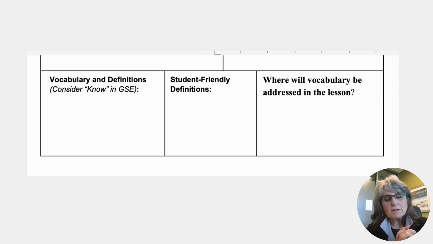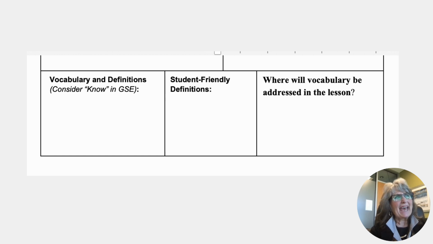Vocabulary and definitions, that's our next stop, and you'll see that there are three different stops here, and I wanted to make sure that you understand that this does not mean this is your reading instruction. This is the vocabulary and definitions for this lesson that your students need to know.